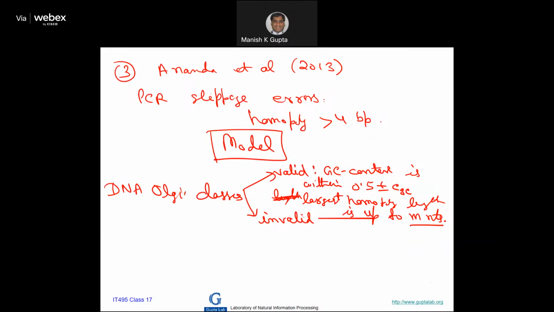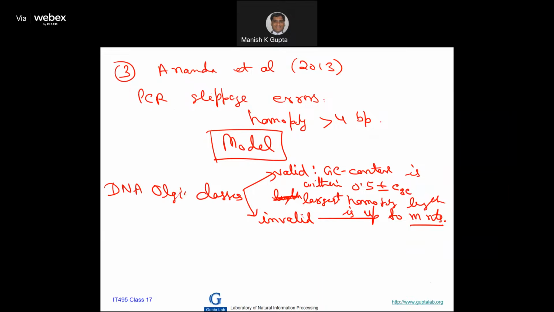So these are the two observations, I mean, two classifications. We will call a DNA oligo, oligo means a strand of DNA, valid if GC content is within this range, 0.5 plus minus CGC. This is a parameter we can control, so that is the desirable range.